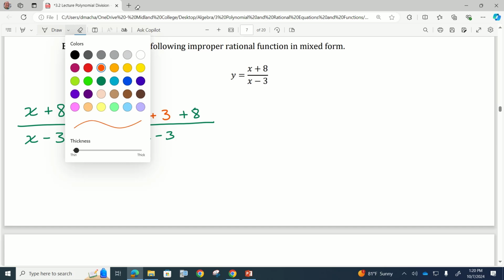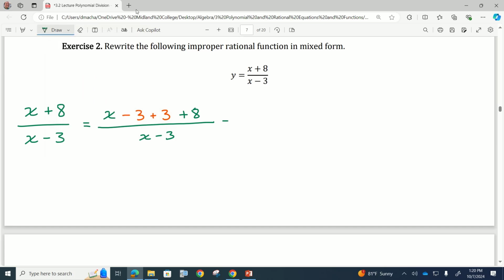And then I can go ahead and split up this fraction anywhere where I see a plus sign or a minus sign in the numerator. So like I have x minus 3 plus 8. I'm allowed to go ahead and just split that fraction at that plus sign if I want to.